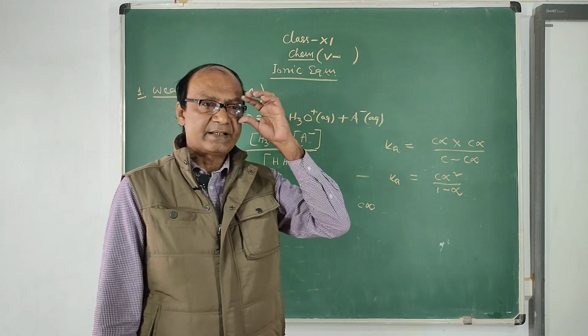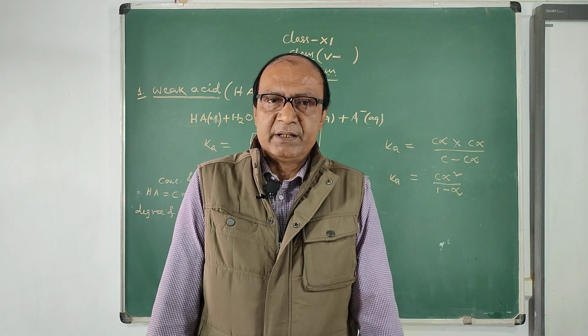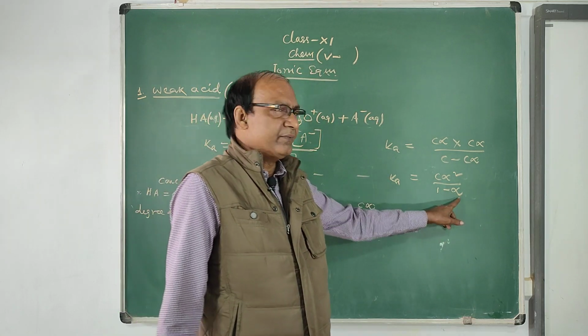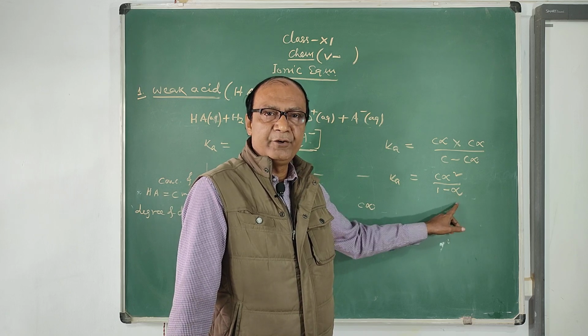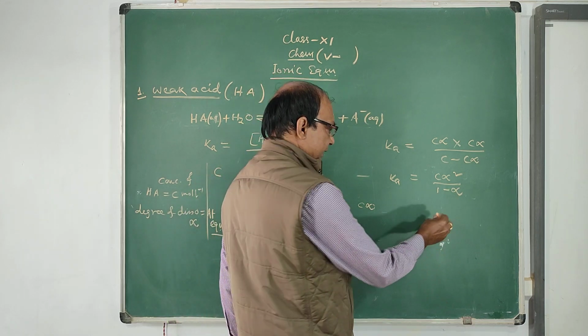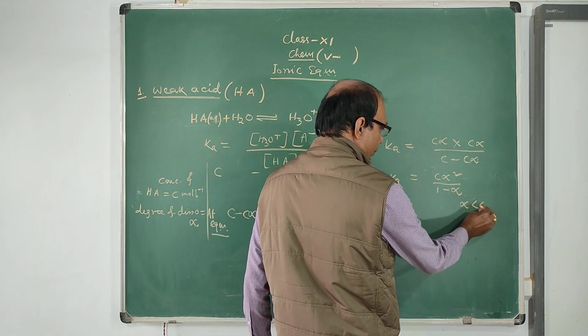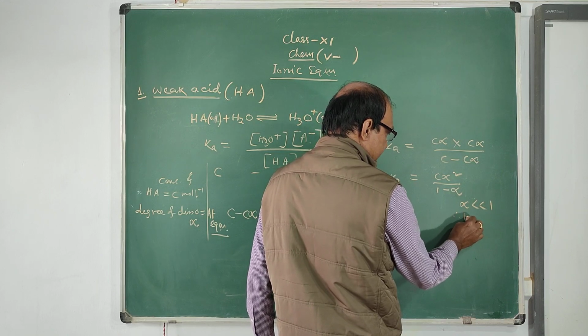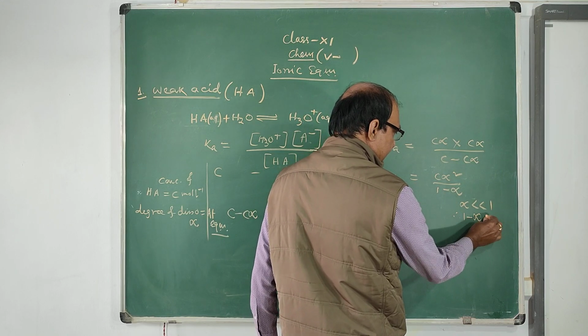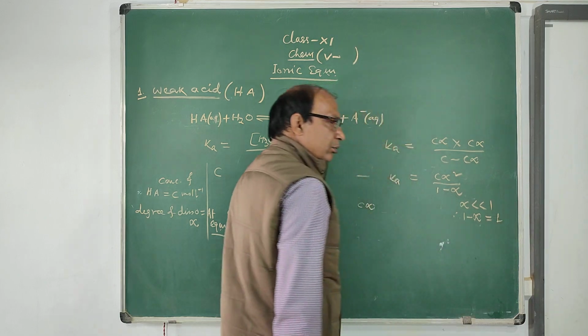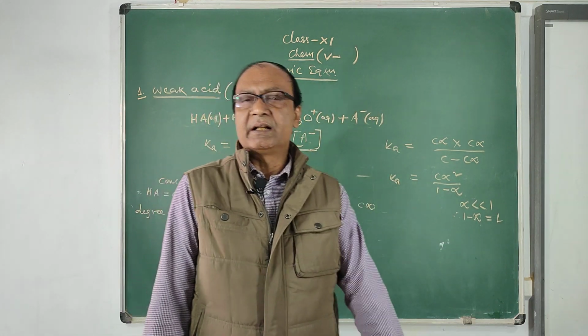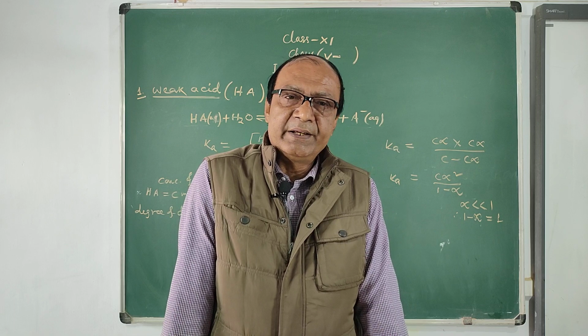In case of weak acid and weak base, most of the time alpha is very, very small compared to 1. Therefore, you can consider 1 minus alpha equal to 1 for most of the cases. The maximum value of alpha is 1.